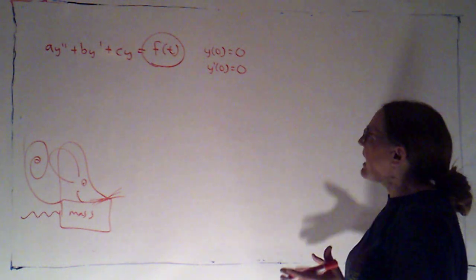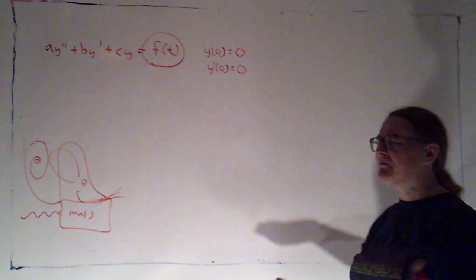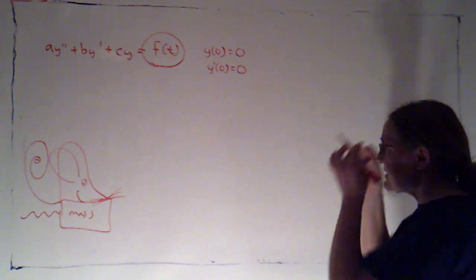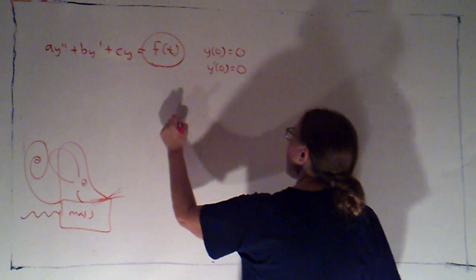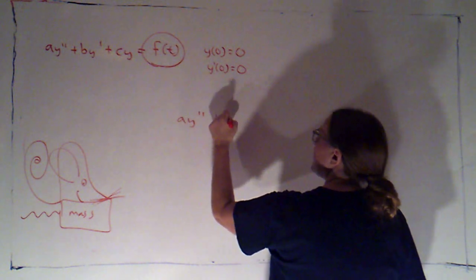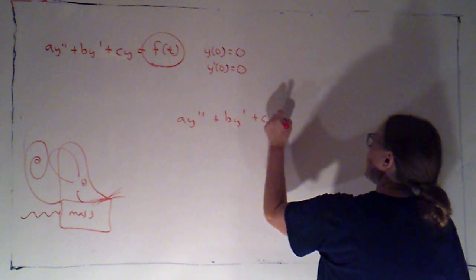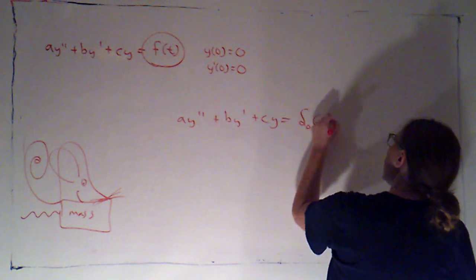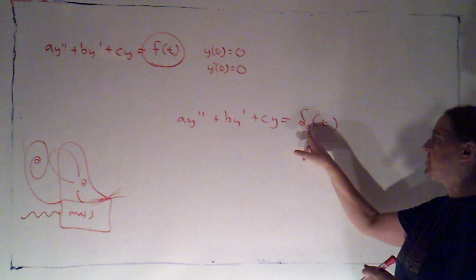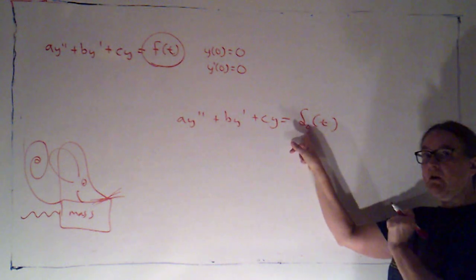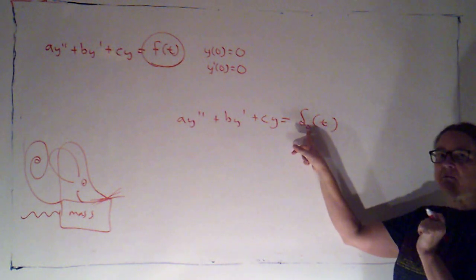Now what does that have to do with convolutions and Laplace transforms? Well, I'm going to look at a very particular element of this family. I'm going to take a look at what I get if I use as my forcing function the Dirac delta function at 0. So that's an impulse force at time 0.